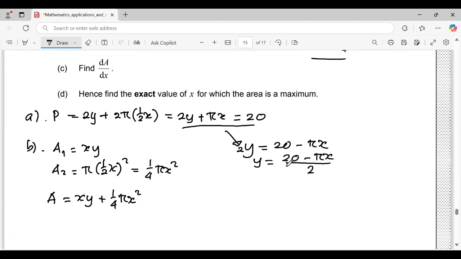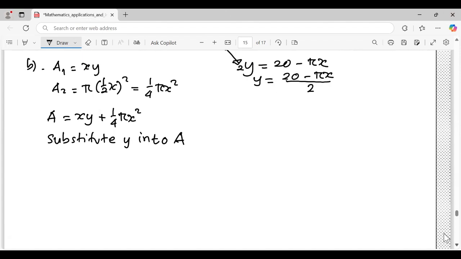Now substitute y into the area equation. I need more space.